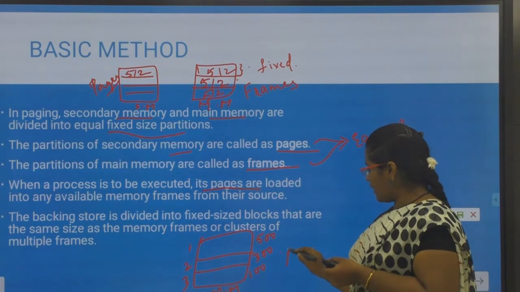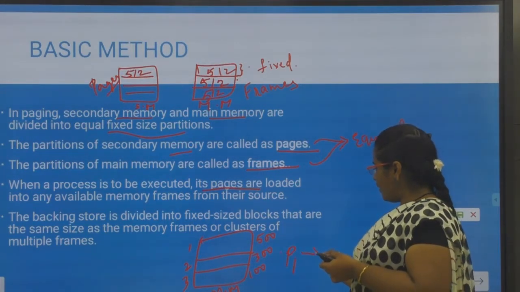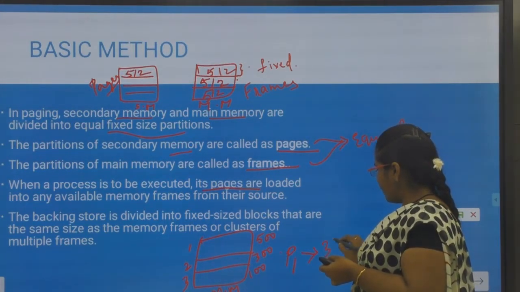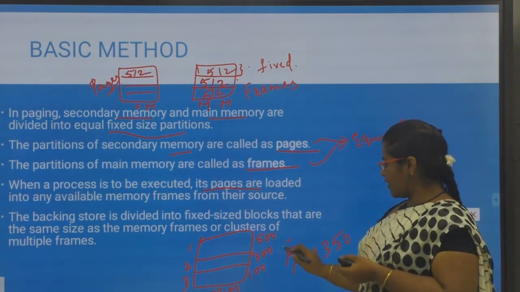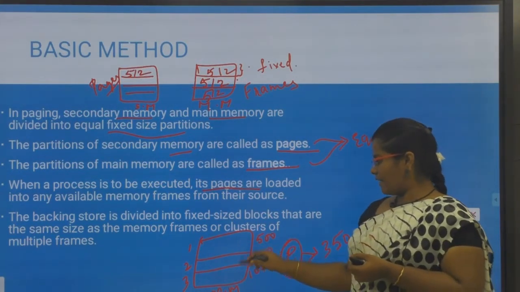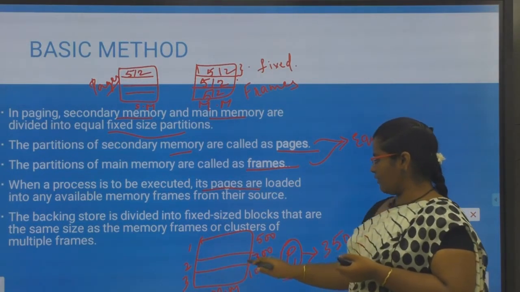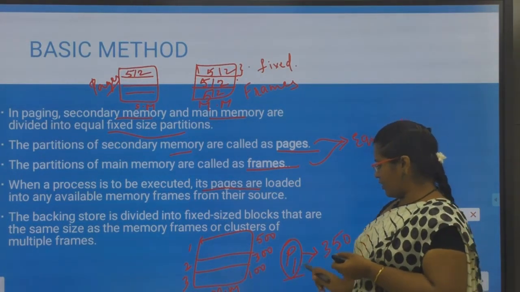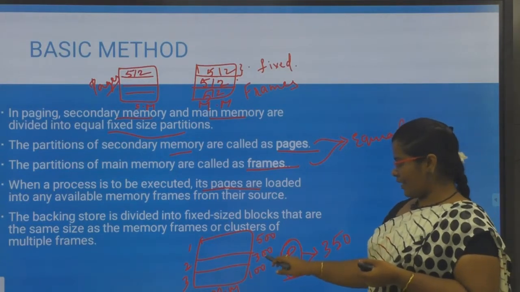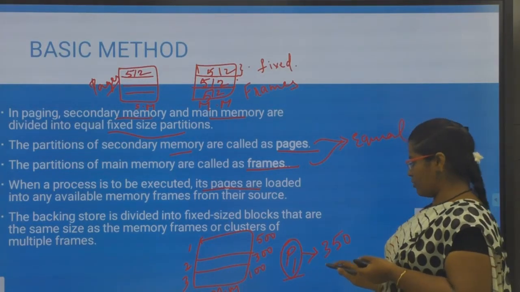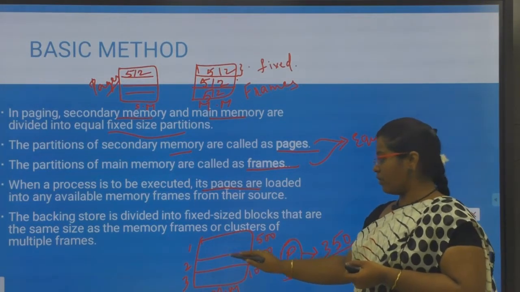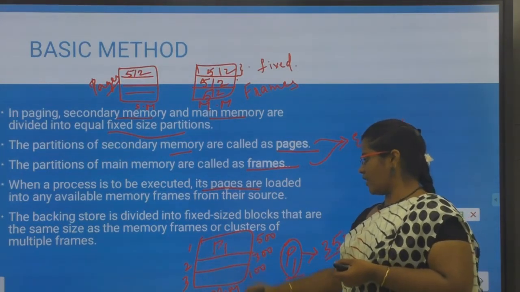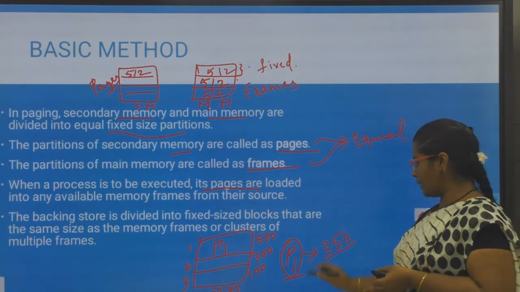Let me consider a process P1 which is of size 350 bytes. Which partition can store P1? 100 cannot store 350, and in 300 bytes I cannot store 350 bytes. So obviously I need to choose the largest hole, that is 500 bytes. I will place process P1 here.